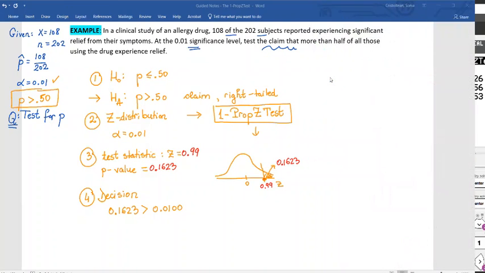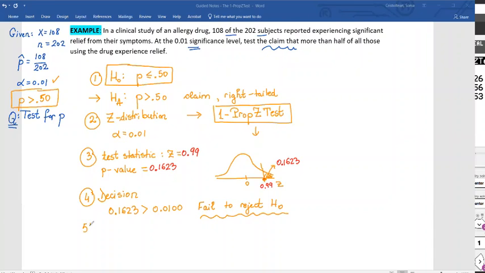So what is the decision when this happens? When this happens, I will not reject the null hypothesis. So I can write it down, do not reject or fail to reject. And don't forget what? It's always H sub 0. So we will not reject the null hypothesis, which means we support the null hypothesis. I'm not getting rid of this.